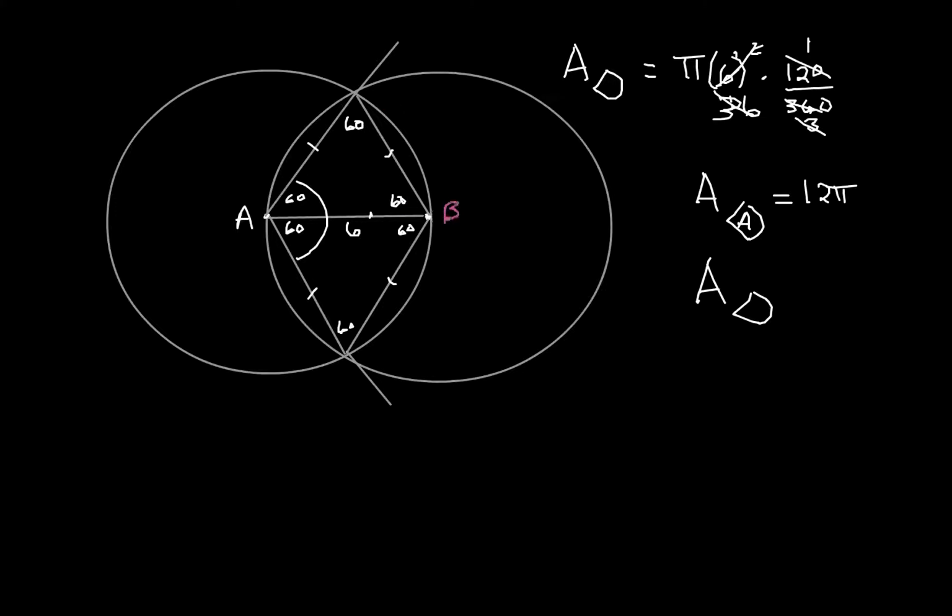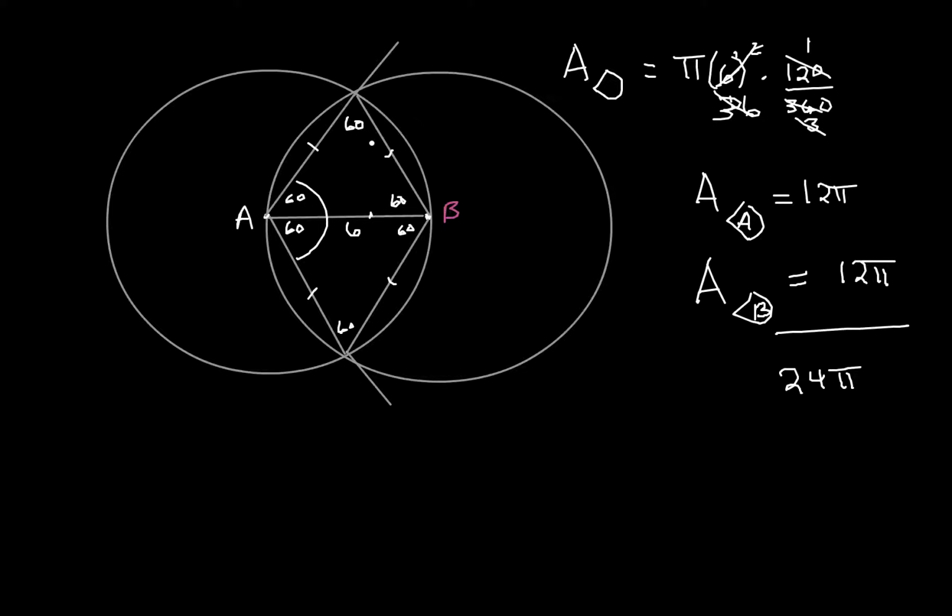If I called this point B, and I found the area of this sector, which would extend this way, and it would color in all this, that would be sector B, right? Now they're going to overlap. So let's find the area of sector B, and guess what? The area of sector B is going to be the same thing because it's the same radius. It's going to be 12 pi. So if I add those together, 24 pi.